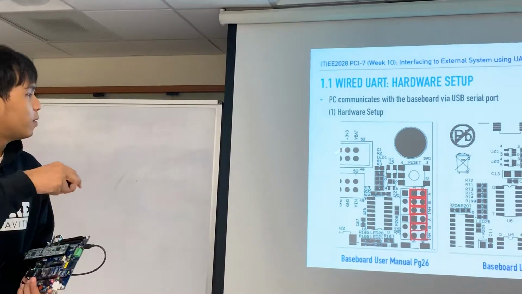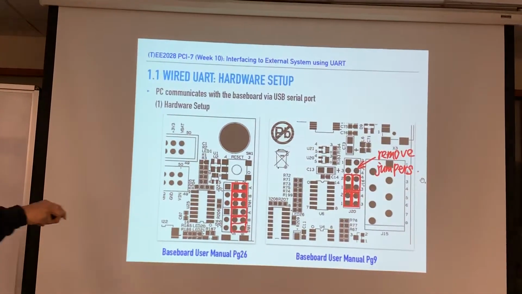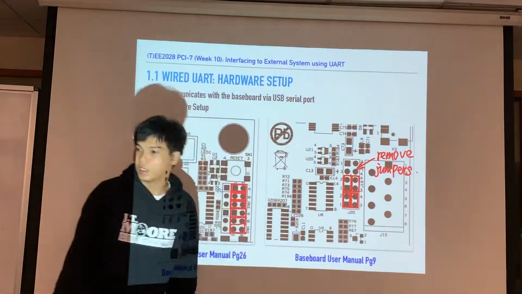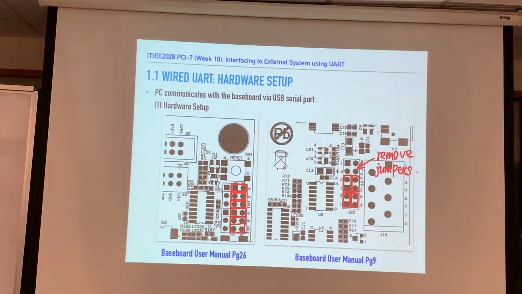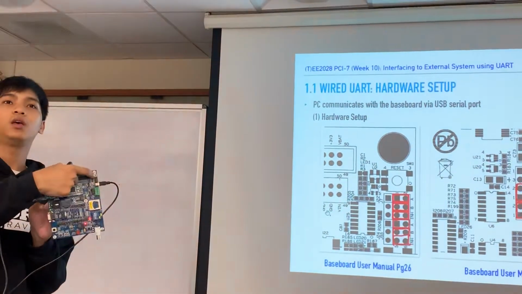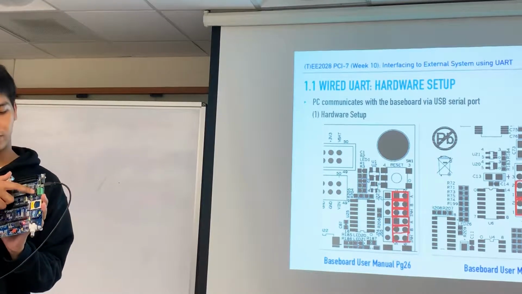This is one part of the jumper pin configuration. Another part is you need to remove these two jumpers, so 1 and 3 at the J here. It is on this green box. If you have the reset button, you can look at this box, and there are two jumpers.